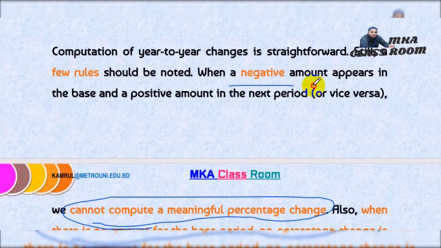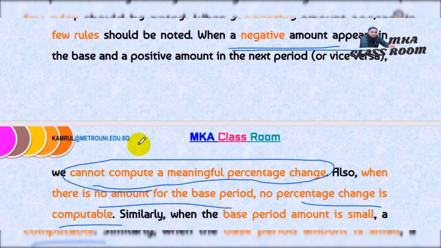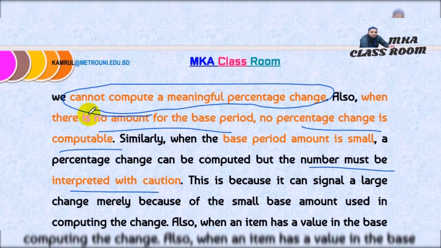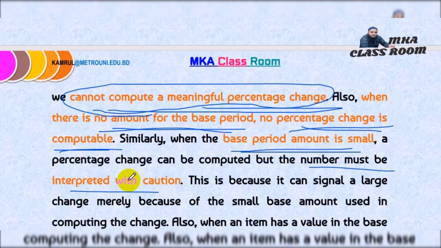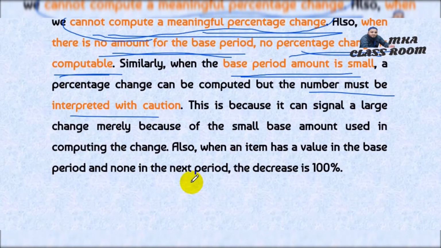Whenever the base period amount is 0, then the percentage cannot be computed. Again, whenever the base period amount is small, then you have to interpret the result very cautiously, very carefully.